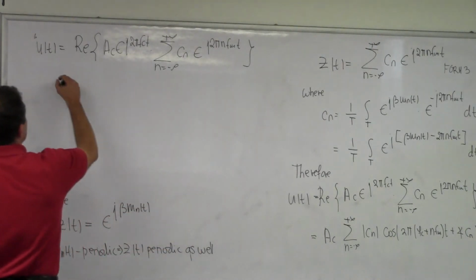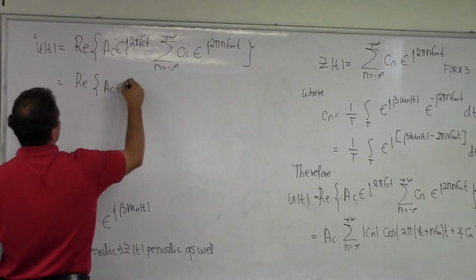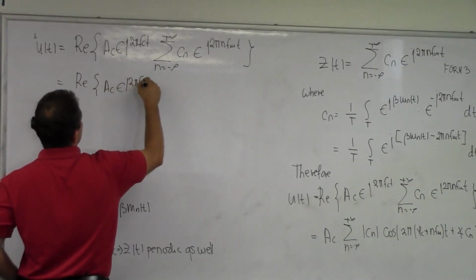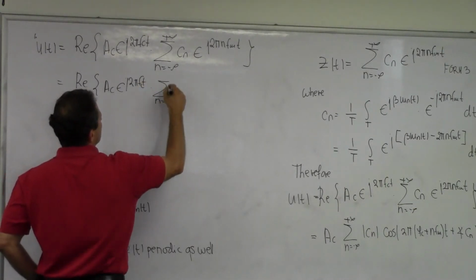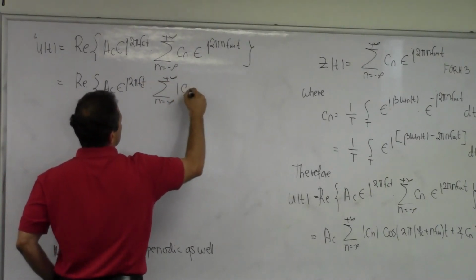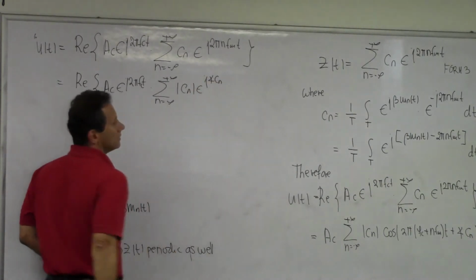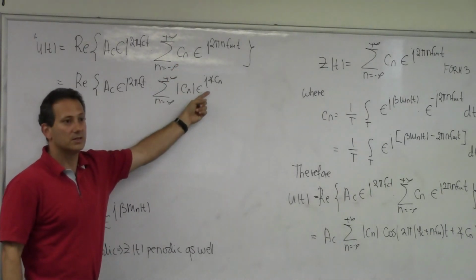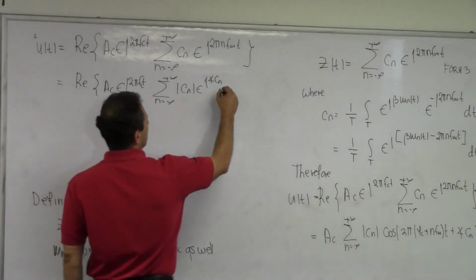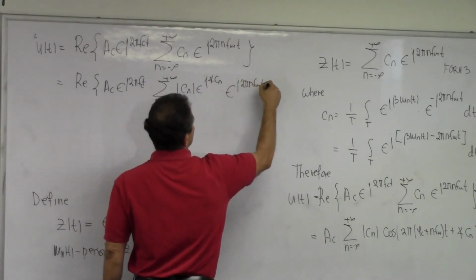So I can write this as the real part of A_C e to the j 2 pi F_c t, sum when n goes from minus infinity to plus infinity, magnitude of C_n e to the j angle of C_n. I'm going from a general complex number into a magnitude-phase expression. And then I have times e to the j 2 pi n F_m t.